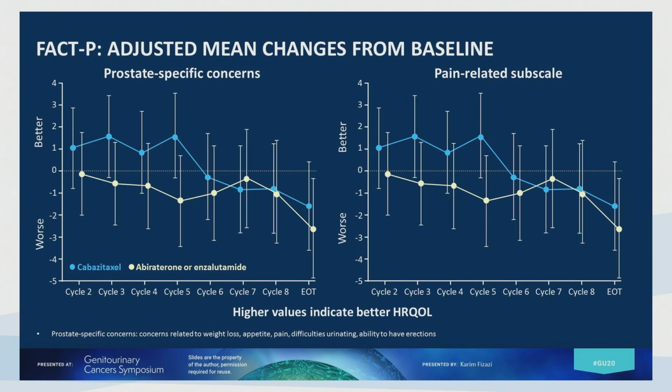So what these scribbles mean is that the blue line is showing better quality of life higher up on the y-axis than the yellow-white line, and the blue line represents patients' report of their quality of life when they're treated with chemotherapy, and the white line is when they have that second AR pathway inhibitor. And their pain was also, as we talked before, better controlled, and that's the patient-reported outcome on the right.